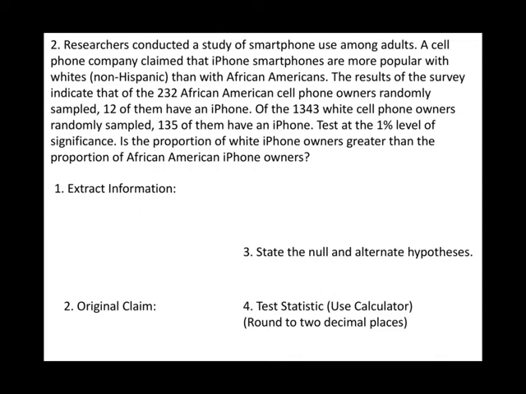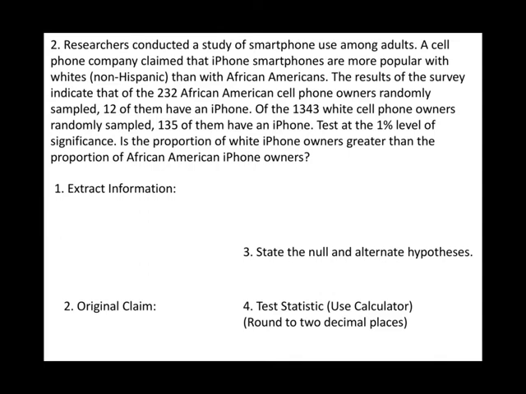Of the 1,343 white cell phone owners randomly sampled, 135 of them have an iPhone. Test at the 1% level of significance. Is the proportion of white iPhone owners greater than the proportion of African American iPhone owners?